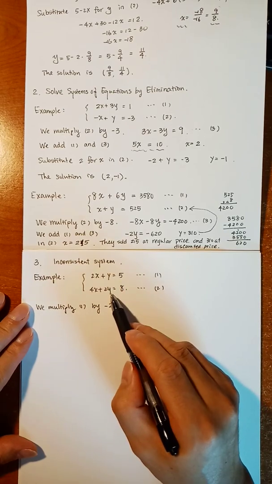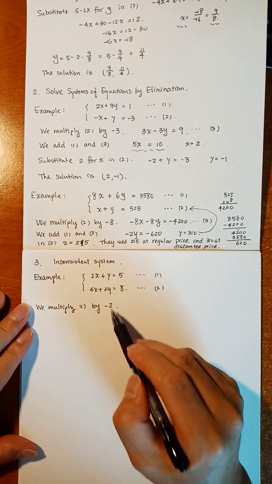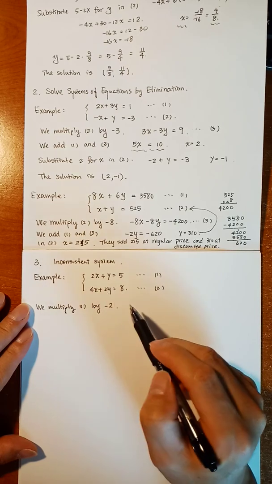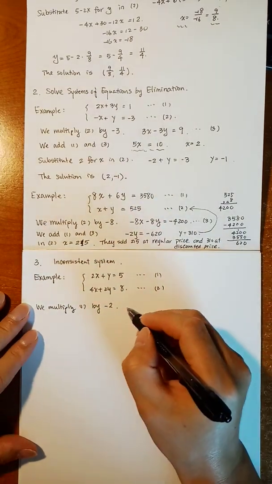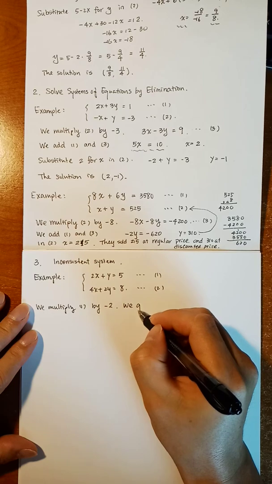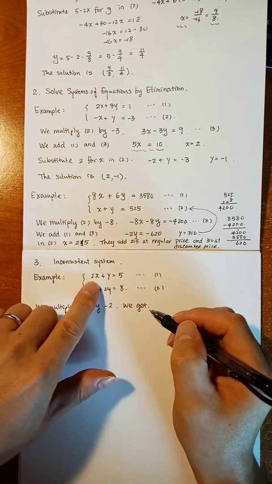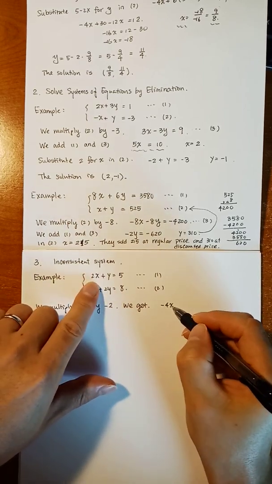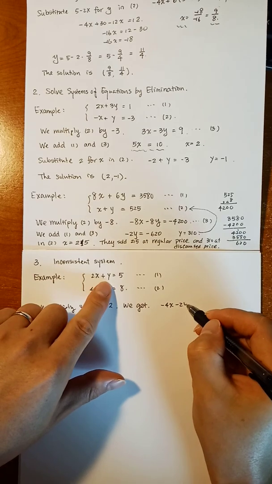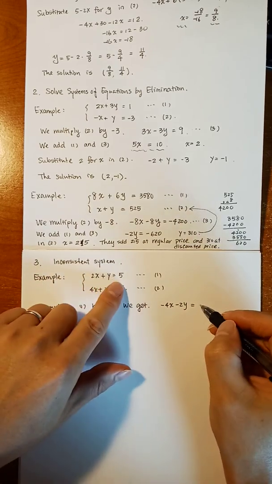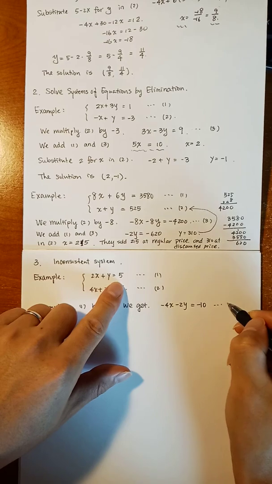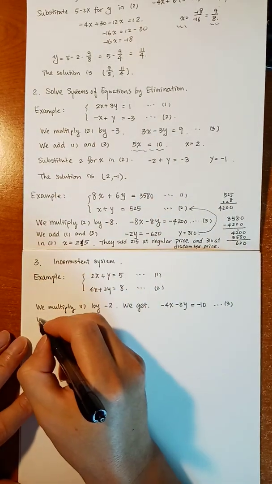If I want to cancel y, I have to multiply by -2, so it's -2y plus 2y, they are canceled. We get -2 times 2x is -4x, -2 times y is -2y, equal to -2 times 5 is -10. This is equation 3.